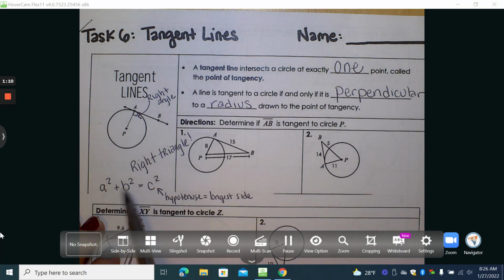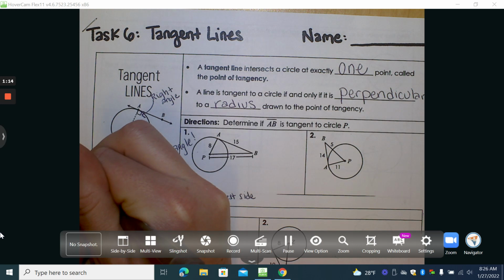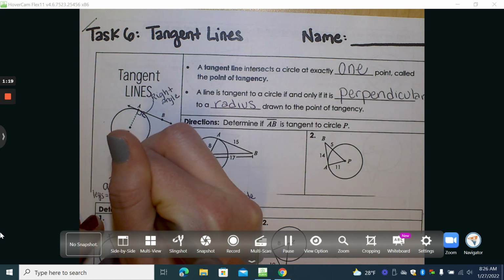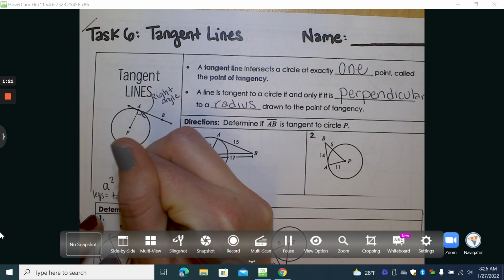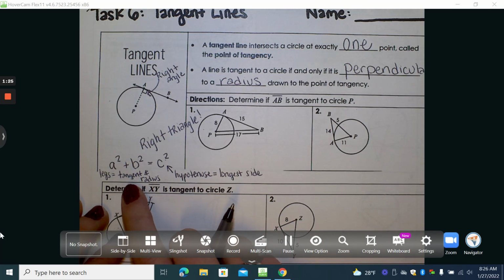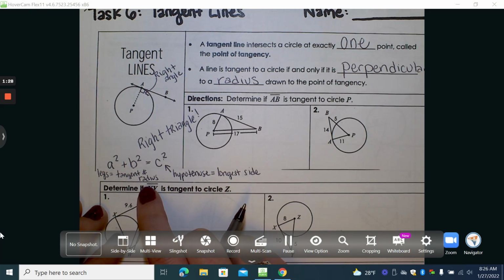And then A and B would be my tangent and my radius. For these, my legs are my tangent line and my radius. Tangent and radius are my legs.